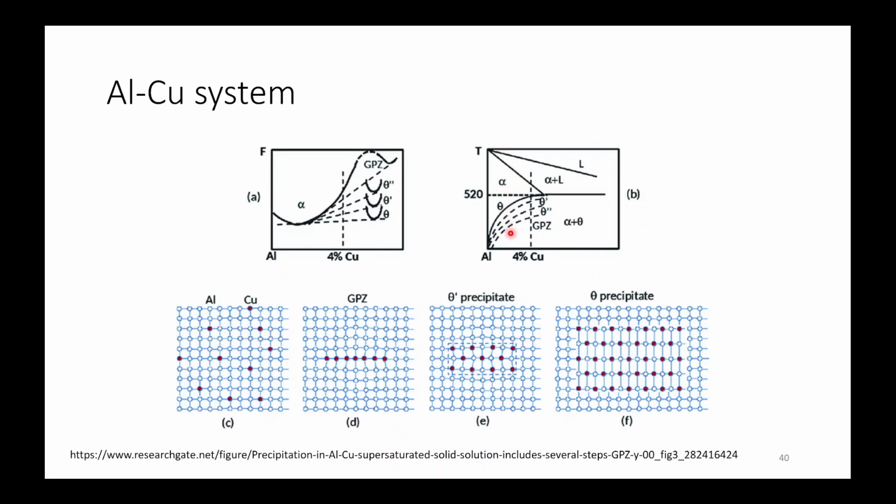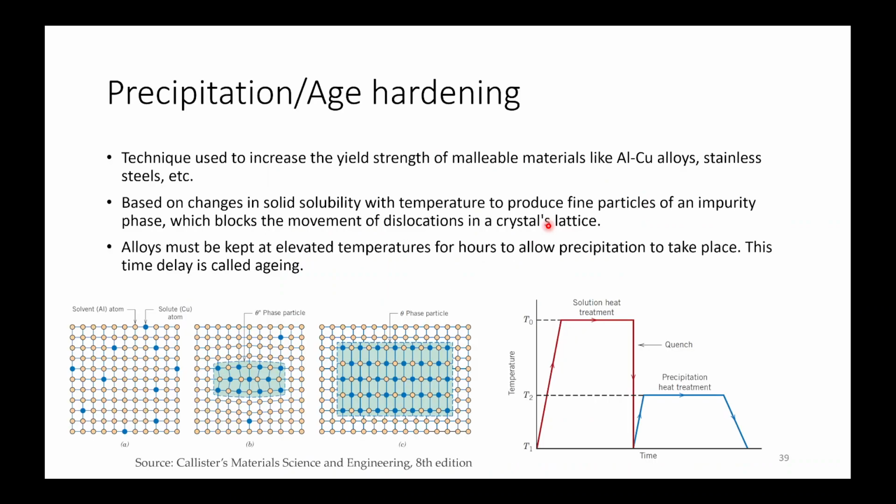Then we'll be cooling it into this region where precipitate will be present. For precipitation, firstly we'll be quenching it, so there will be solid solution at room temperature as well. Then we need to heat it for precipitation to come out, which is known as precipitation heat treatment.